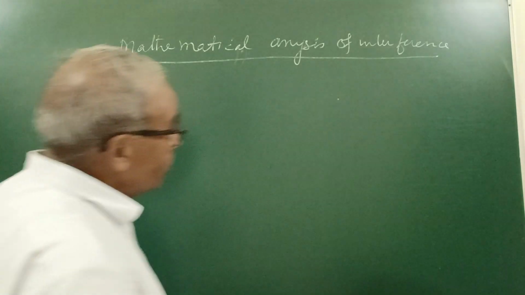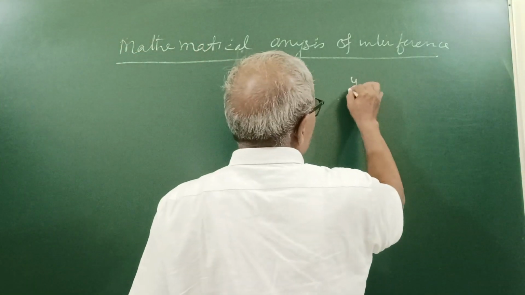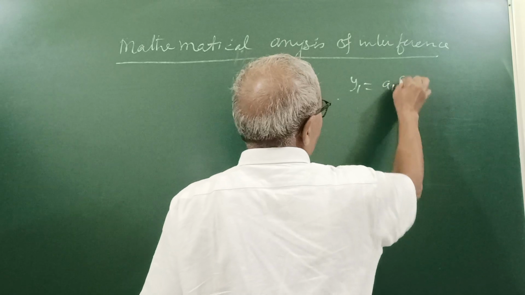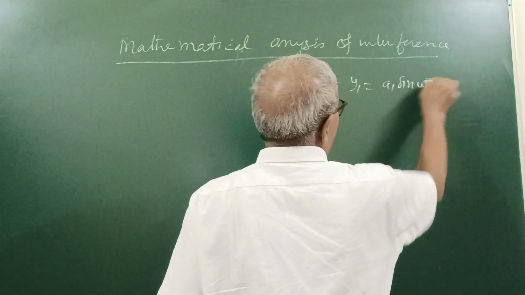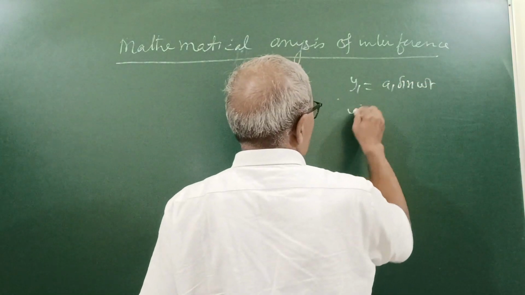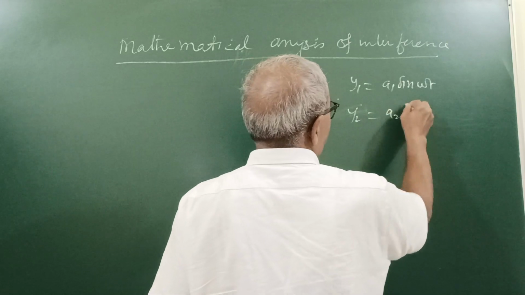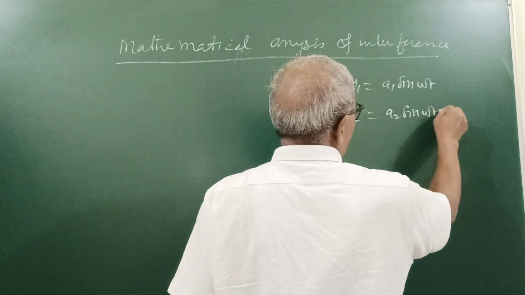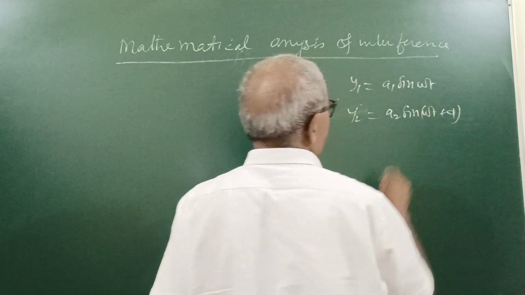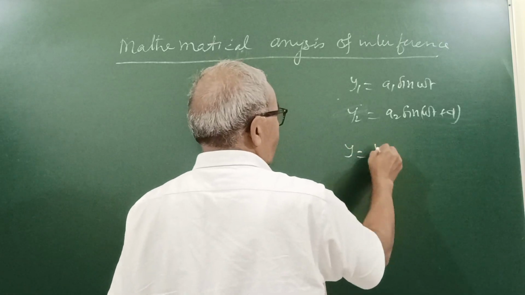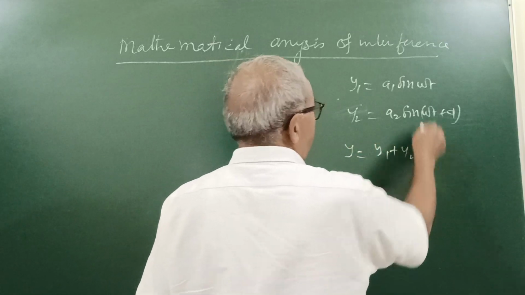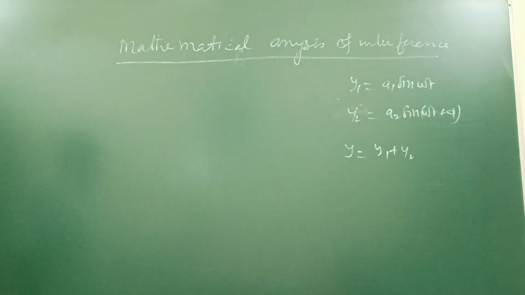In the previous video I took the superposition of y1 equal to a1 sine omega t and y2 equal to a2 sine omega t plus phi, and then I told y equal to y1 plus y2 and carried on.